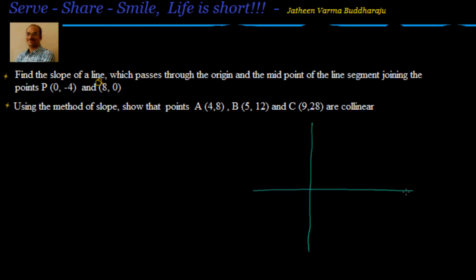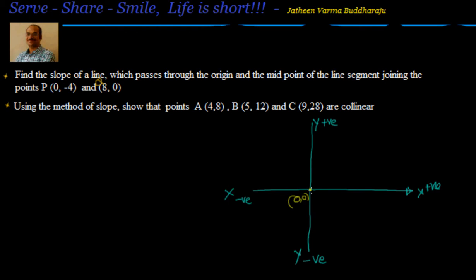Now we have our coordinate axis there. This is x-axis positive, y-axis positive, and negative y-axis and negative x-axis. Now origin (0, 0), it's passing through, so one point we know. What is the other point we have been told? It's passing through (0, -4).